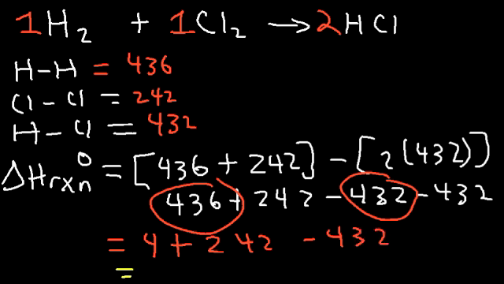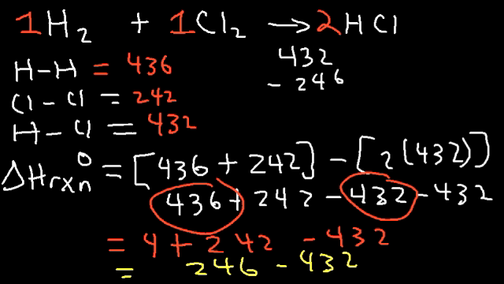So this is 246 minus 432. So let's subtract it backwards. So 432 minus 246. We need to borrow a 1 from the 3. So this is going to be 2, and then the 2 on the right is going to be 12. 12 minus 6 is 6. Now 4 is larger than 2, so we need to borrow a 1 from the 4.